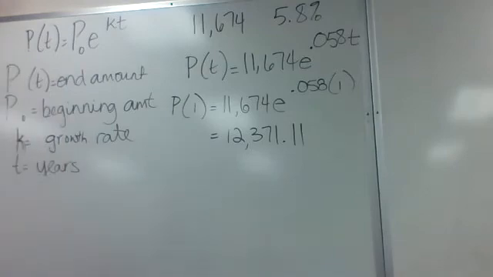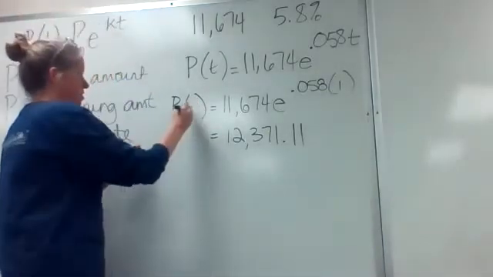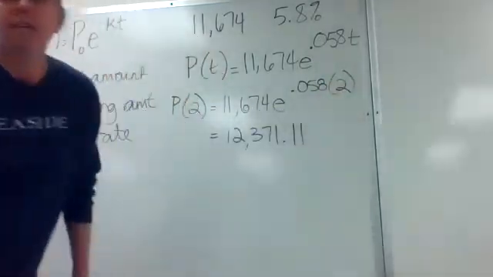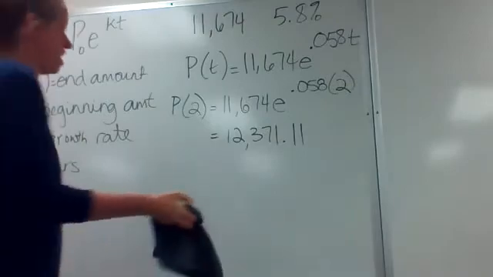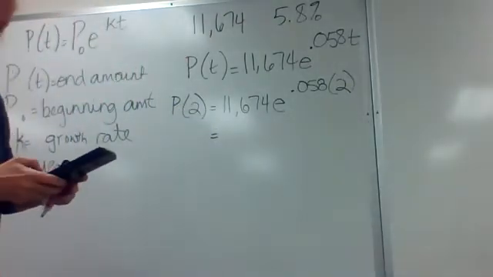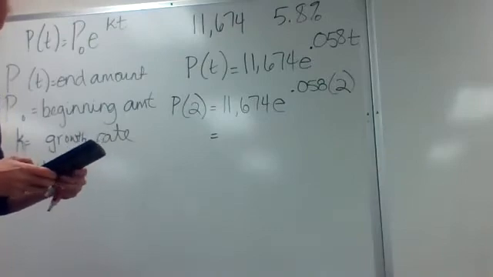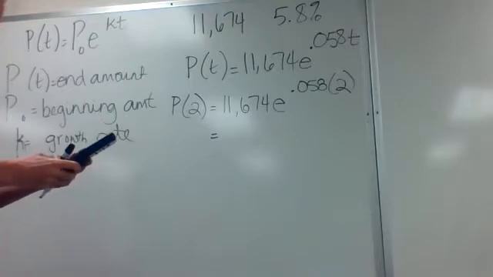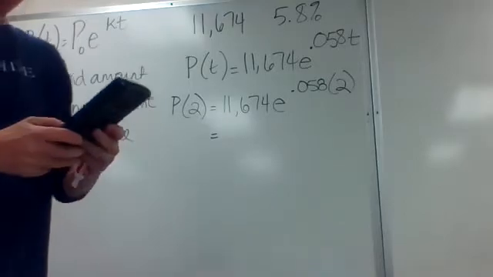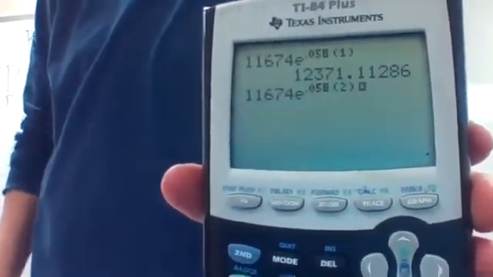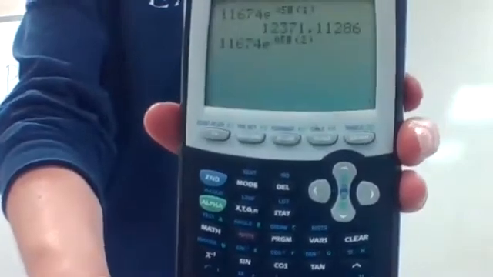After 2 years. So what's the only thing I'm changing? The time from 1 to 2. And then just putting that in my calculator. So 11,674 E to the 0.058, open, 2, close, hit enter.